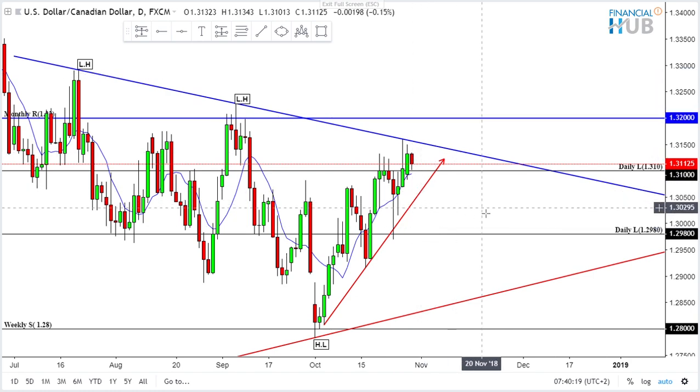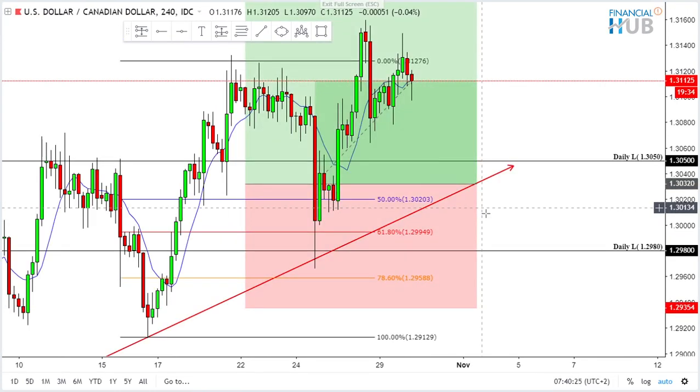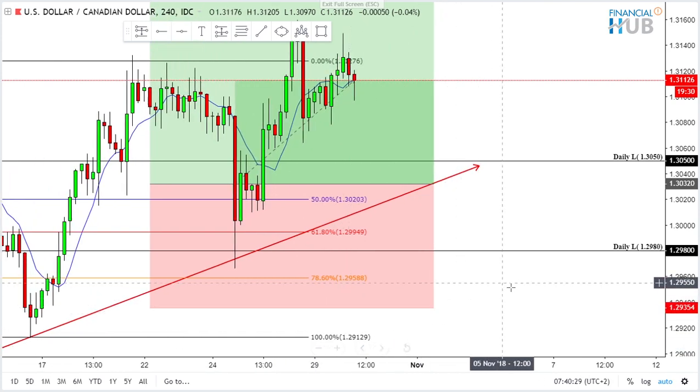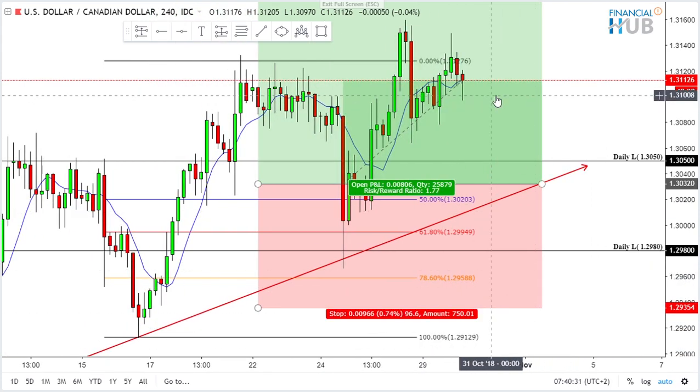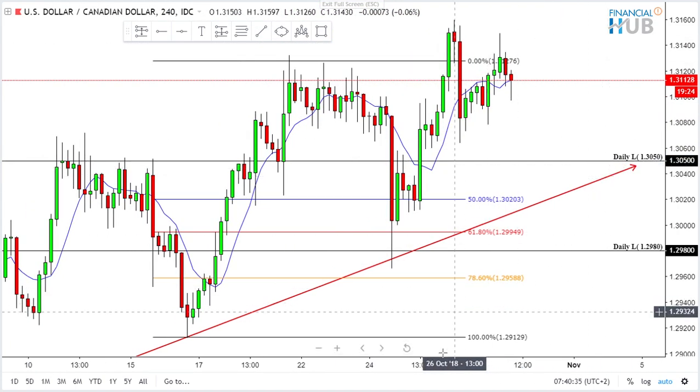But before that, if we go down to the 4-hour time frame, I had this setup that I executed some time back, but I'm already out, so I'll just take it off for now so that I can show you what I'm thinking might happen on this pair.